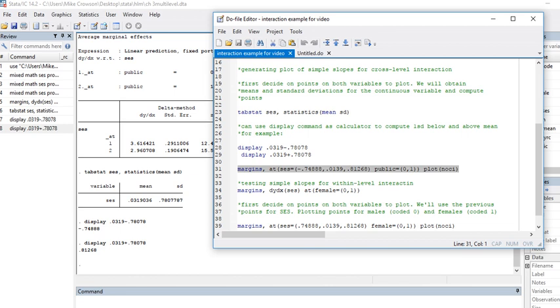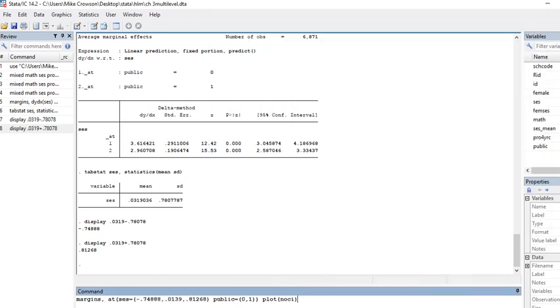Moving down, now I'm going to use the margins command again. It says margins, comma, and then we're plotting predicted values at different combinations of the SES and public variables. So we're going to be plotting at non-public schools at low, medium, and high levels of SES, and then within public schools at low, medium, and high levels.